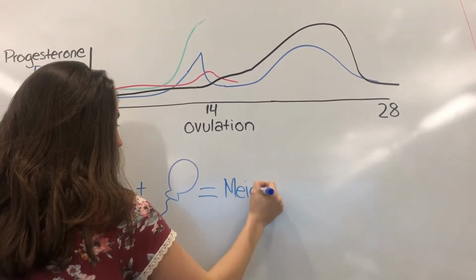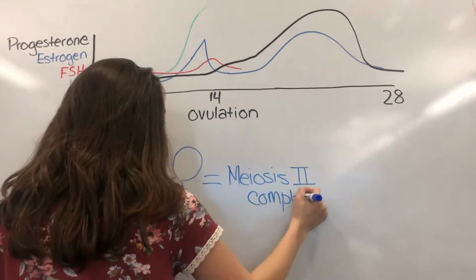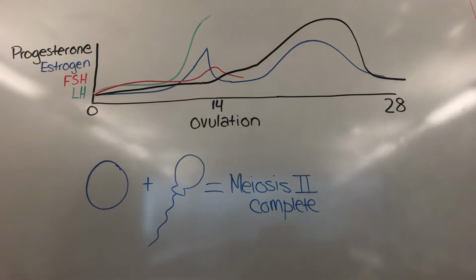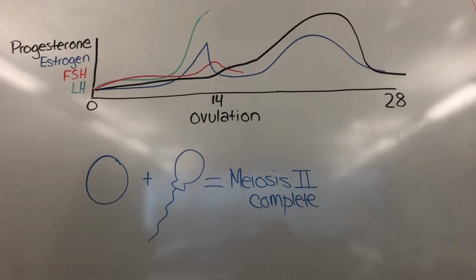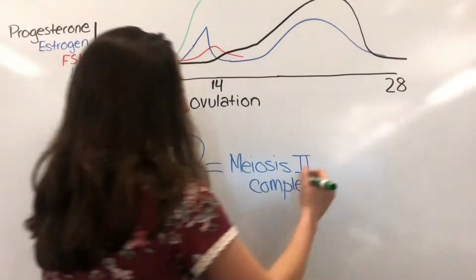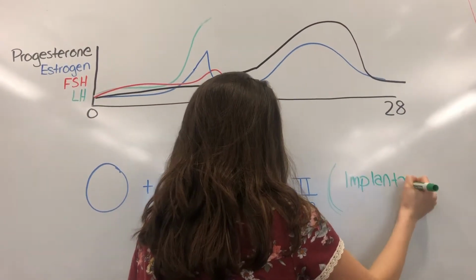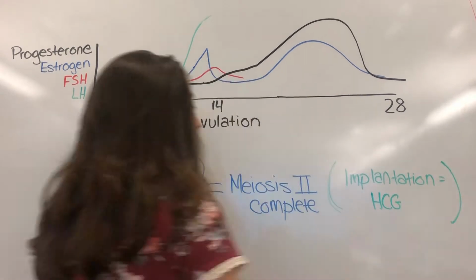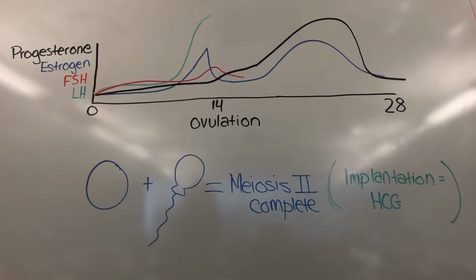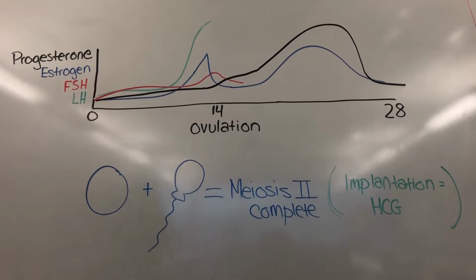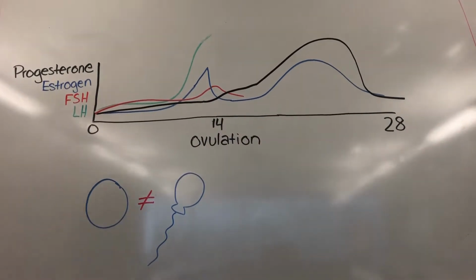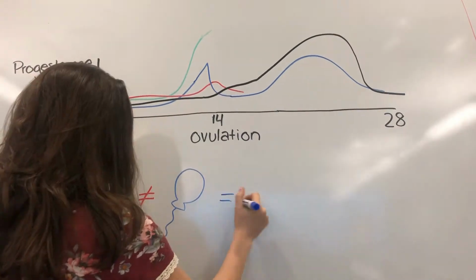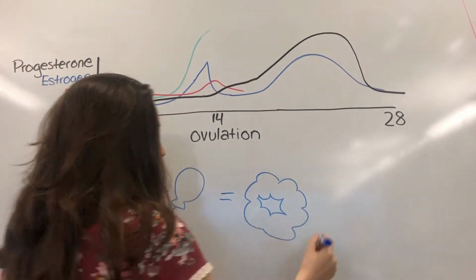If the released ovum becomes fertilized, then meiosis II will be completed and it will be implanted into the renewed uterus, releasing human chorionic gonadotropin hormone that maintains the corpus luteum and encourages progesterone production. However, if fertilization does not successfully occur within the body's optimal window, then the corpus luteum will degenerate to become the corpus albicans.